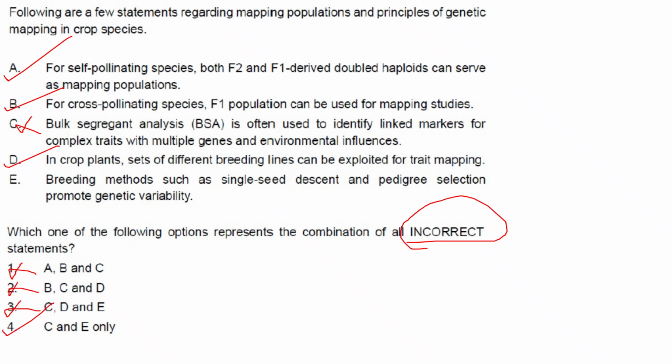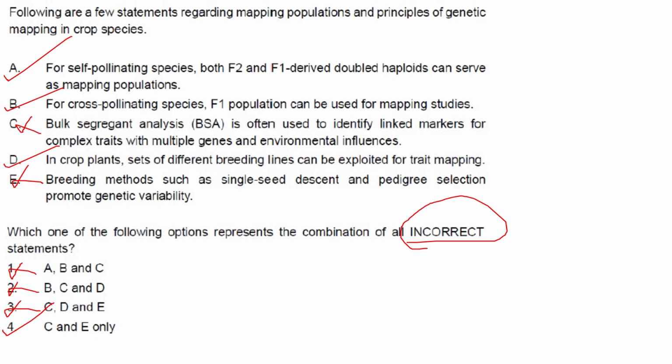Okay, what is E? Breeding methods such as single seed descent and pedigree selection promote genetic variability. 100% wrong. Single seed descent and pedigree selection are usually for increasing the homozygosity of a trait in your plant, and they are used for fixing that particular homozygous trait in the plant.